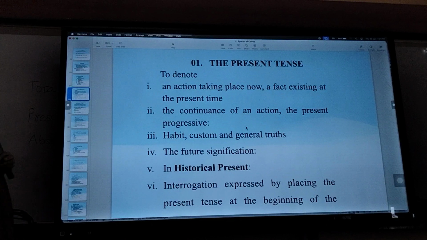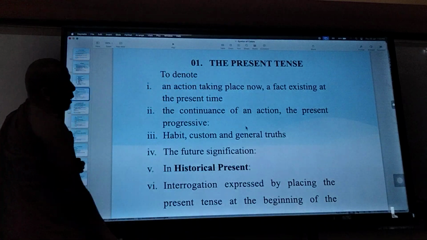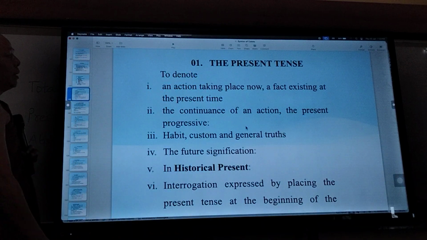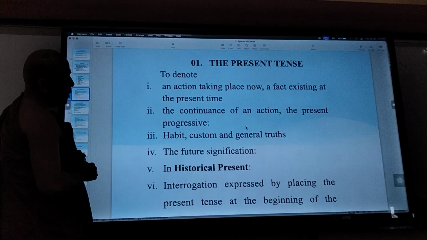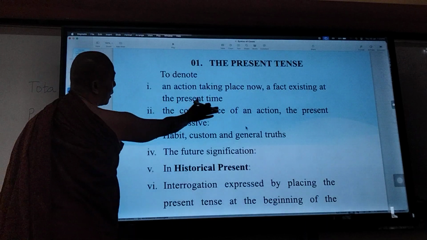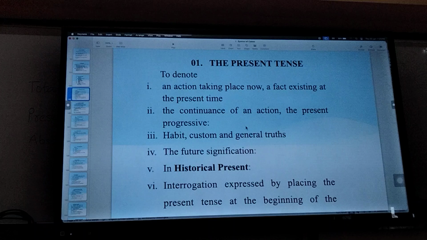So one of them is the present tense. The present tense is very simple, like in English, to denote an action taking place now, happening now. Now we are teaching, we are learning. To denote that we use the present tense. And also continuous, an action running continuously.